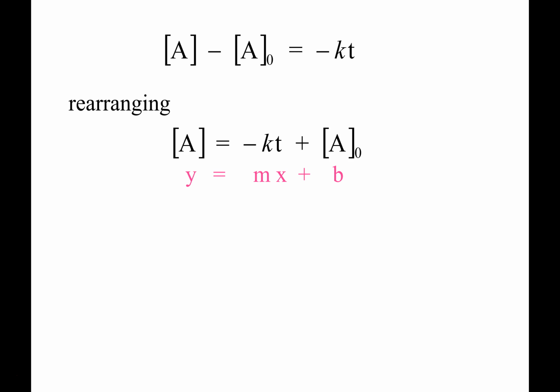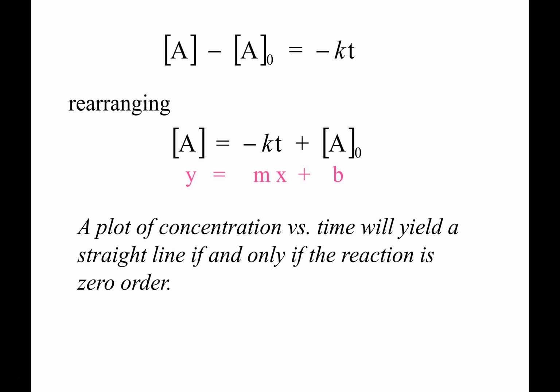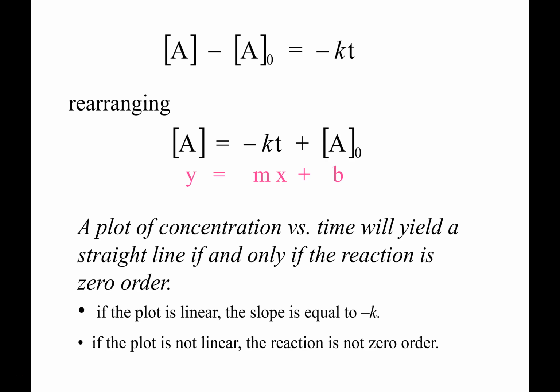That's it, if it's zero order. It's a zero order test. So like I said, it's a pass-fail test. If you do this plot and it's not a straight line, it fails the test and it's not zero order. That's as simple. If the plot is a straight line, then you know k. Zero order, k is equal to the slope.